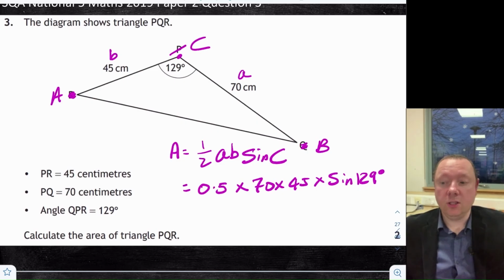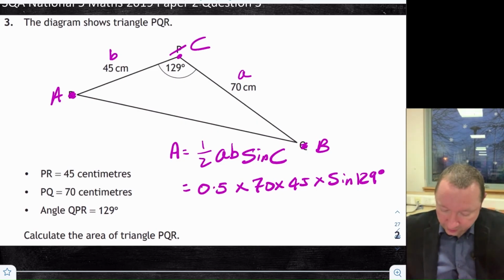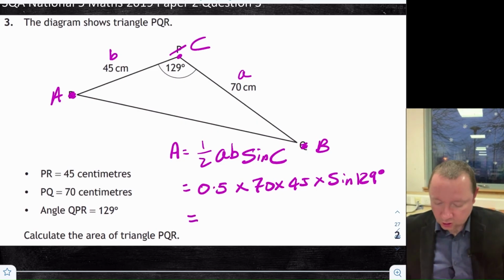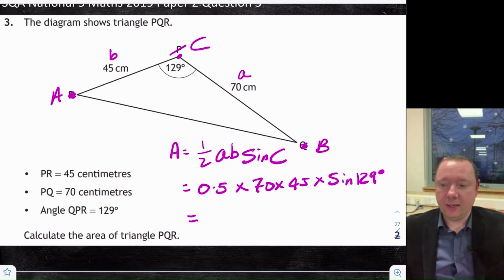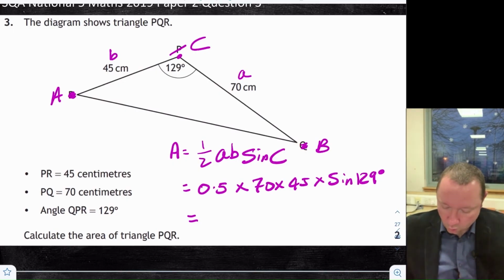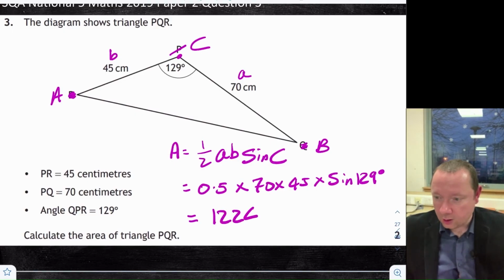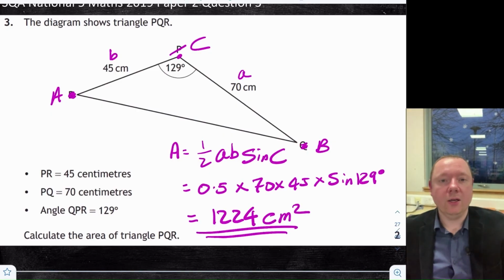You get a mark for the substitution, and then a mark for the final answer. You just get your calculator out and do 0.5 times 70 times 45 times sine 129 in the calculator, and you will get 1224.004. So that would be fine to leave it as 1224 square centimetres.